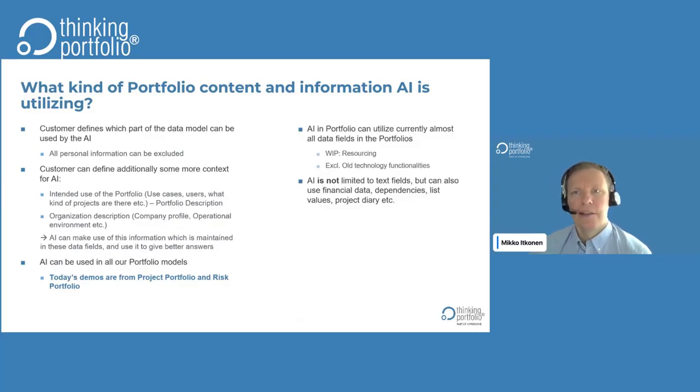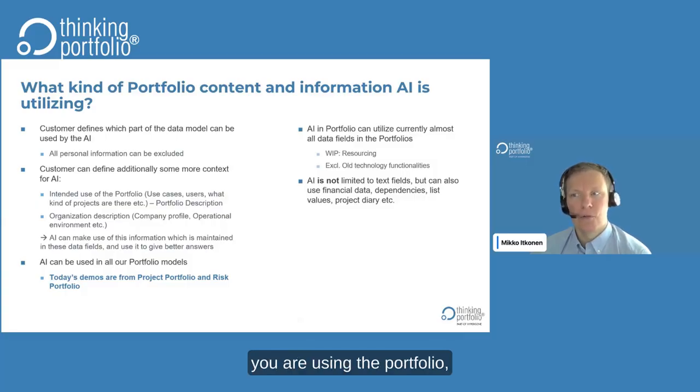We can provide AI this portfolio description: why you are using the portfolio, who is using it, what kind of projects are there. And we can have an organization description there, describing your company, operational environment, even strategy, of course briefly. So AI will use that information to give more precise answers for your organization.